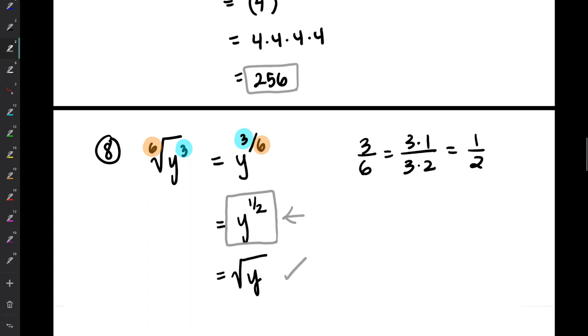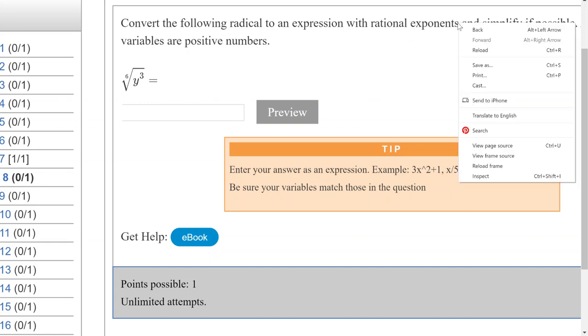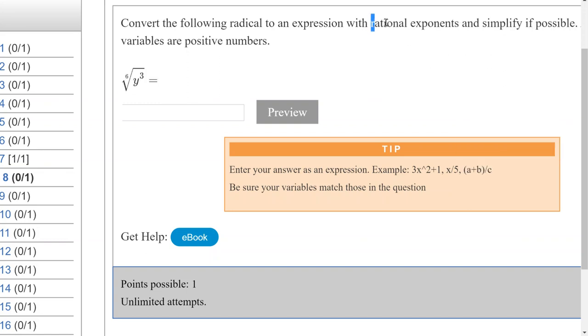Those things really are equivalent, but let's go ahead and put those answers in and read those directions carefully. All right, so the directions are to convert from radical form to the rational exponent form, meaning I want my answer to be with fractional exponents. That's what they're looking for.